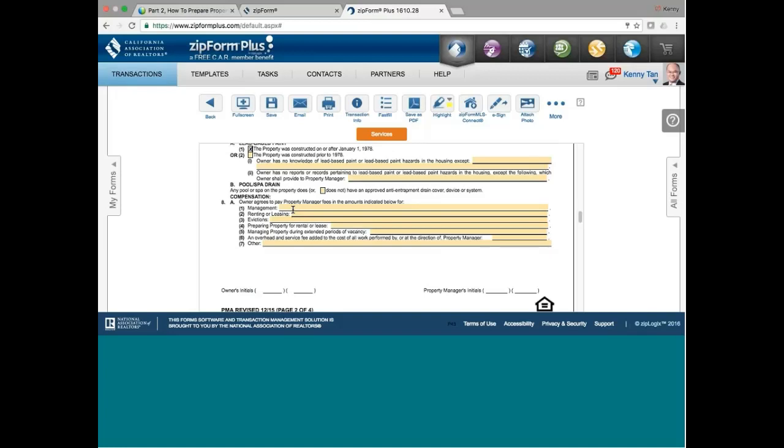Compensation, you put in an amount. Say, for example, it's 6% of 1 month rent. In this case, it might be $120 on $1,000. That's management. Renting or leasing, you don't have to negotiate upfront.